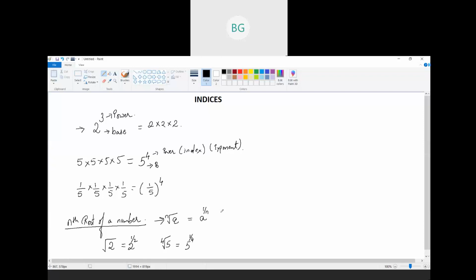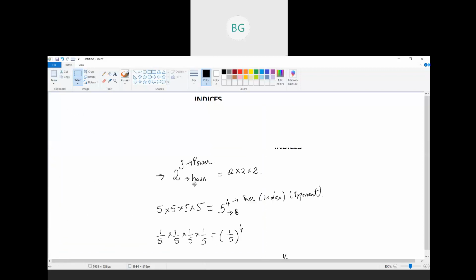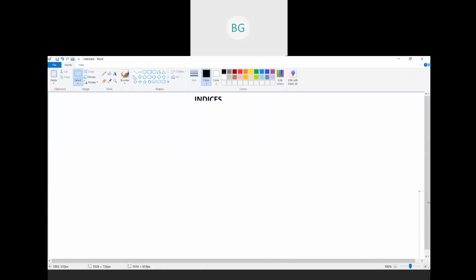Okay. So we will see a few laws which we have to use in indices. Now we saw the first one, that is the nth root.